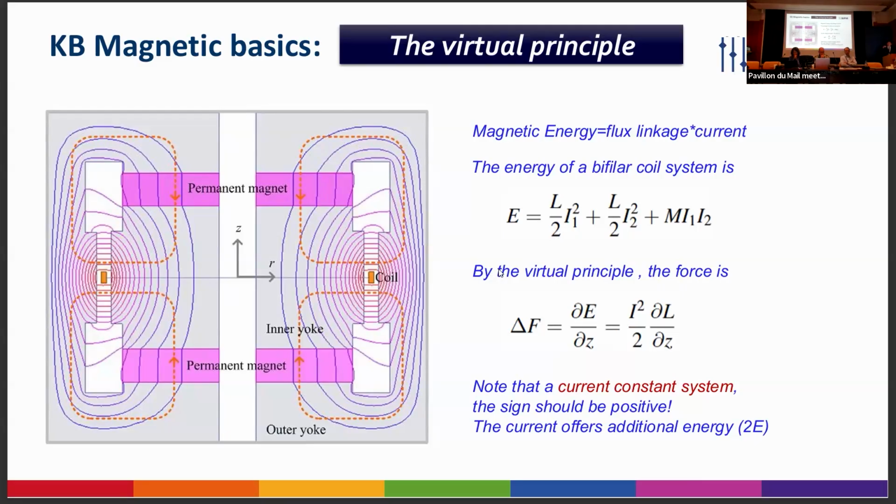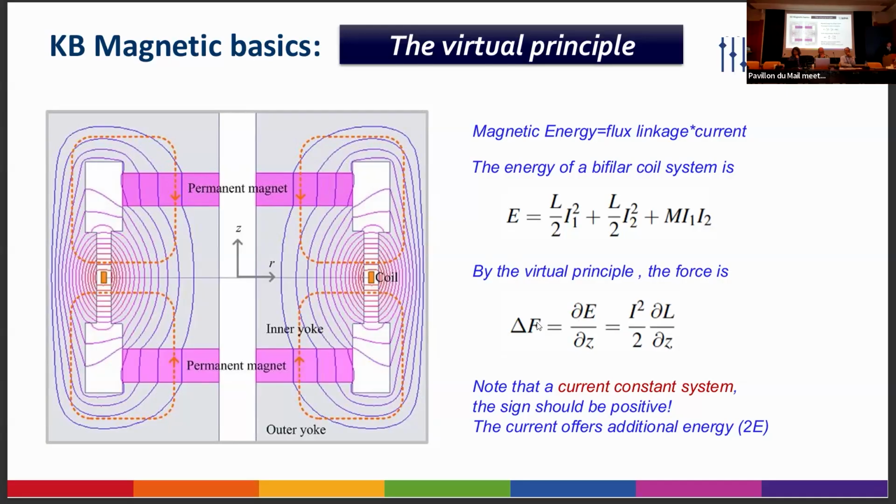The virtual work principle tells you that if you want to calculate the force in some direction, you just take the energy change over this direction. It's basically the dE/dZ term, right? But typically we have a minus sign there.